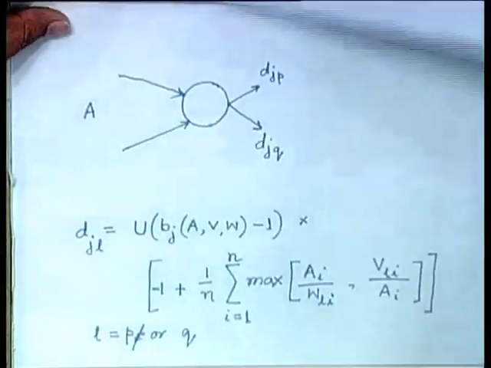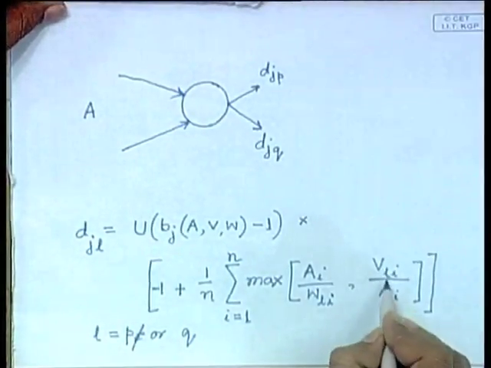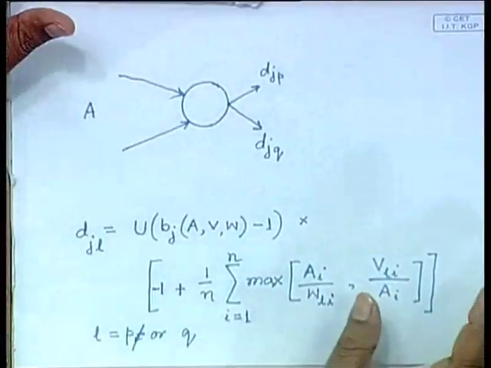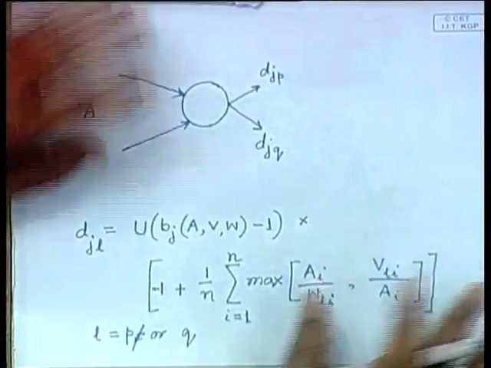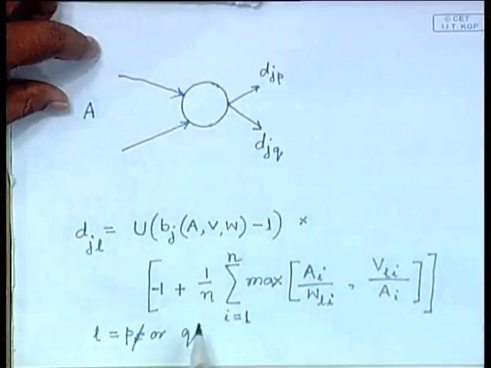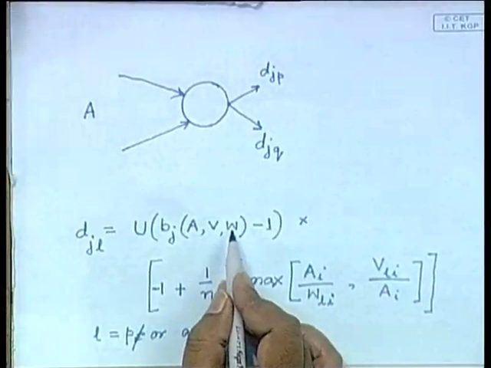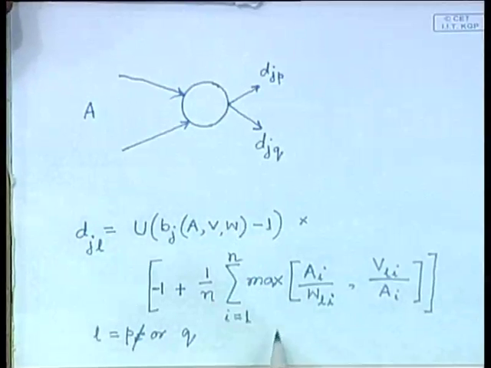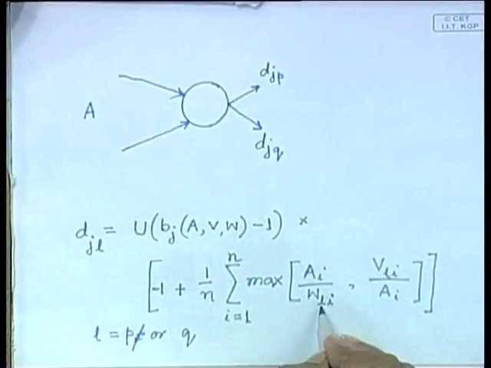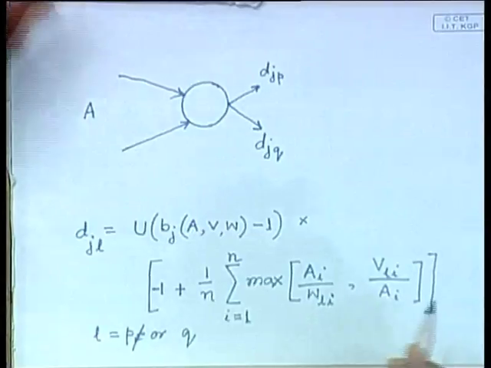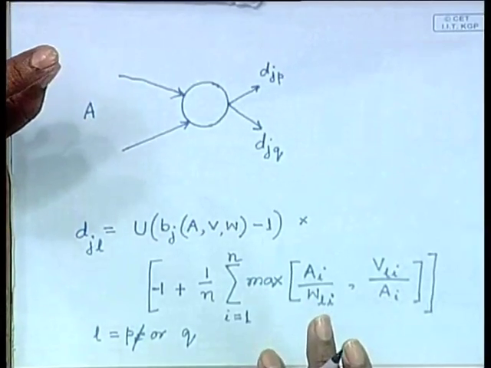Whereas, this V_L and W_L, they are the min points and max points of the hyperboxes which have overlapped, right. So, this V and W are the min points and max points of the compensation neuron, whereas V_L and W_L are min points and max points of the hyperboxes which have overlapped.